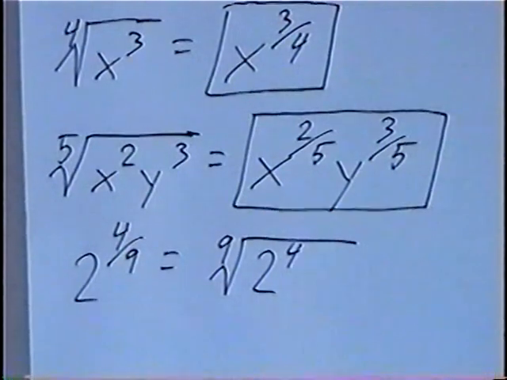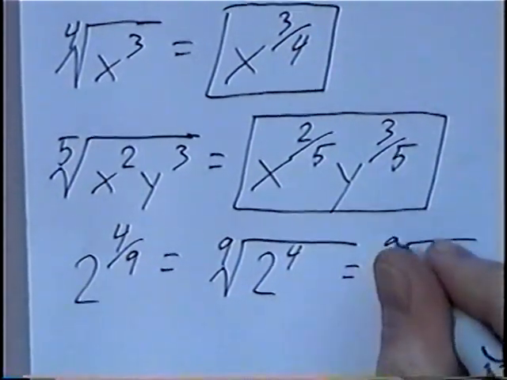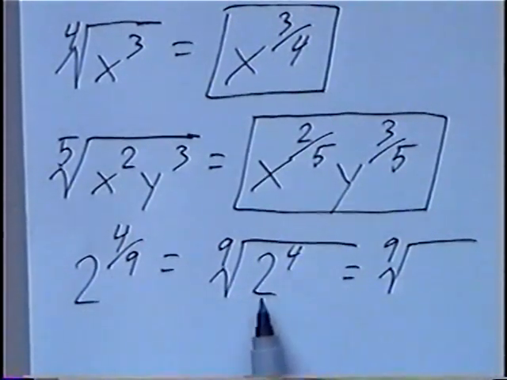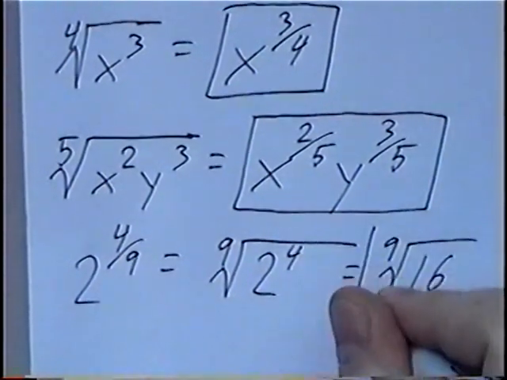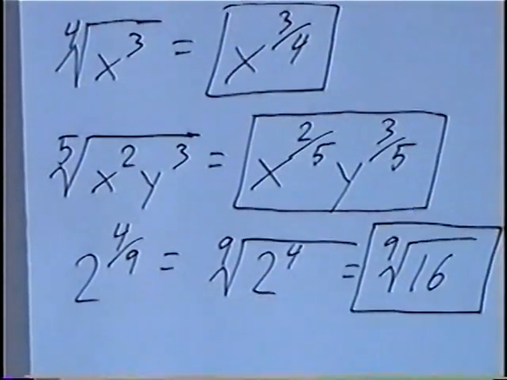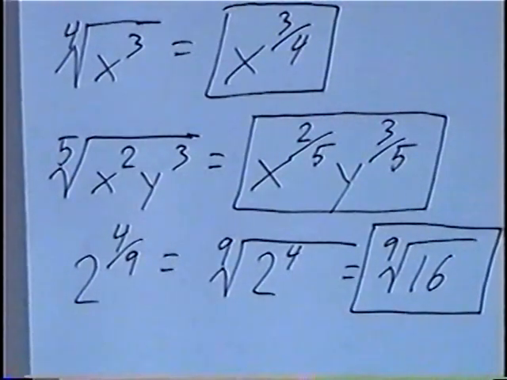If we have a number to a number, we can simplify that exponent. The 9 would stay the same, and 2 to the 4th power would be 2 times itself 4 times, which would be 16. So 2 to the exponent of 4 over 9 is the same as the ninth root of 16.